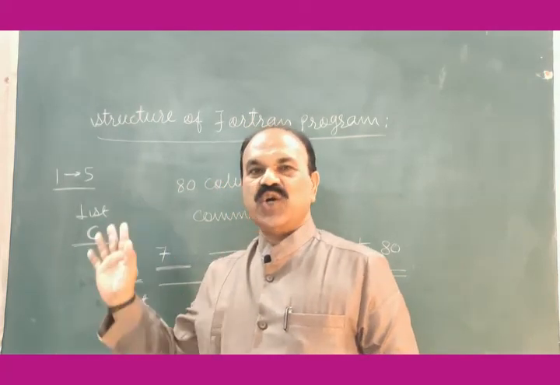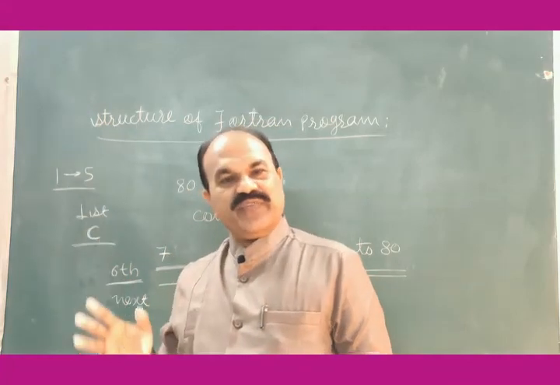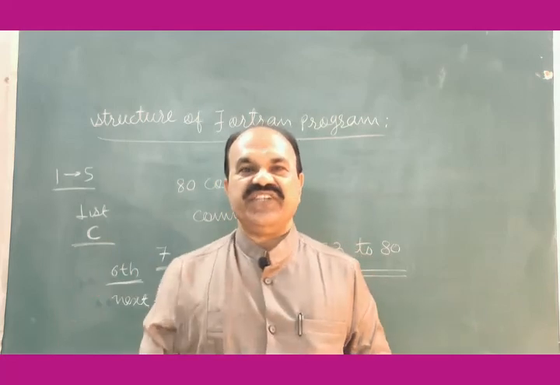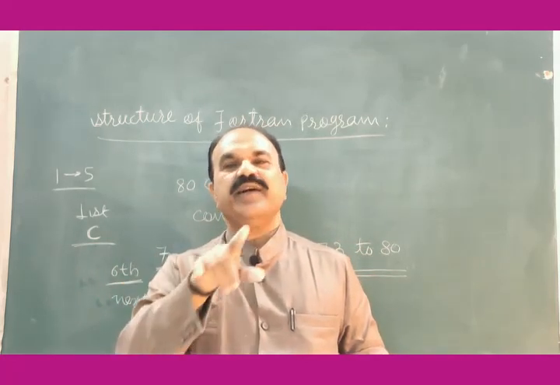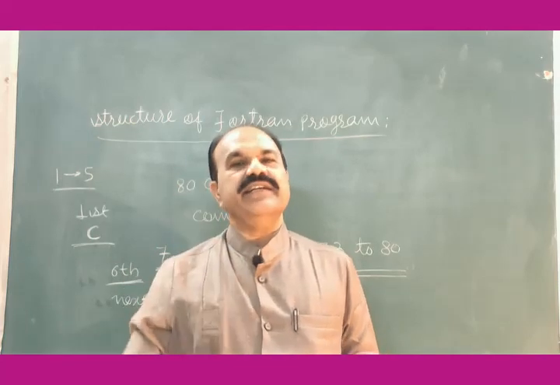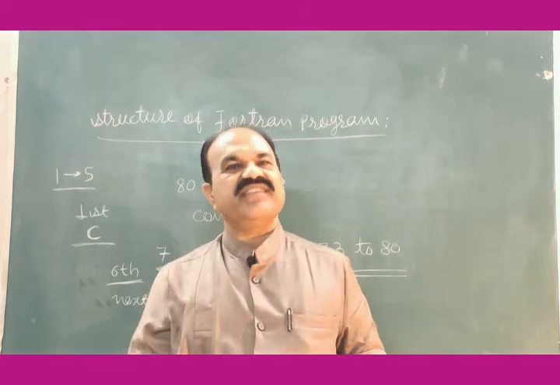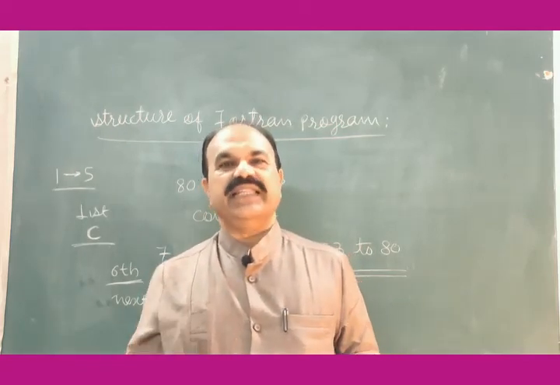This is not the structure on the computer. Whenever you feed this program to the computer from the coding sheet, the screen displayed for the Fortran editor is not necessarily 80 columns. It may be more than that.